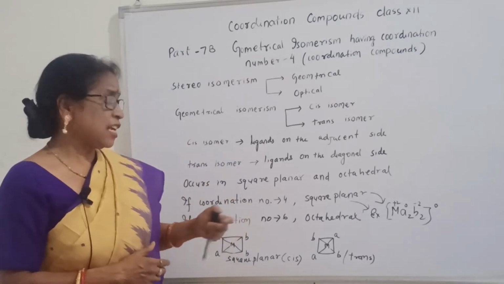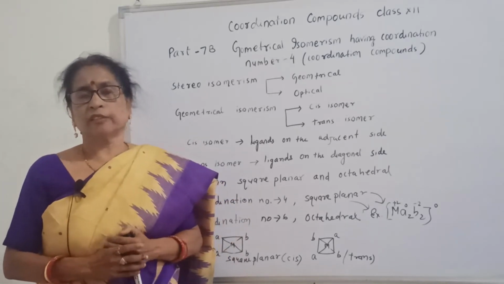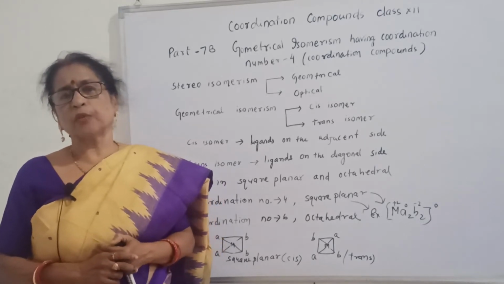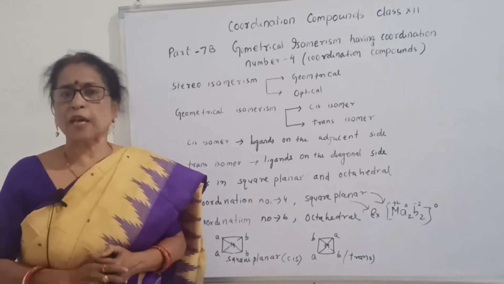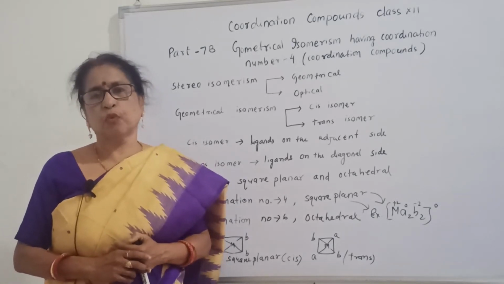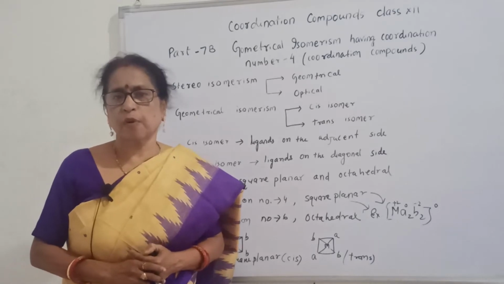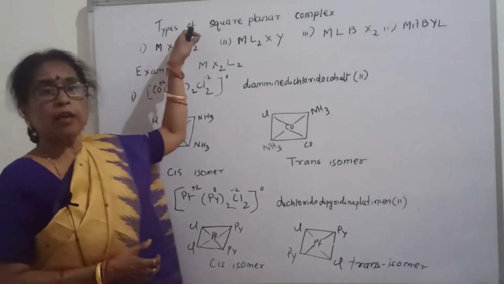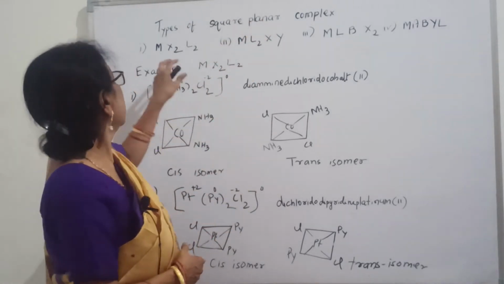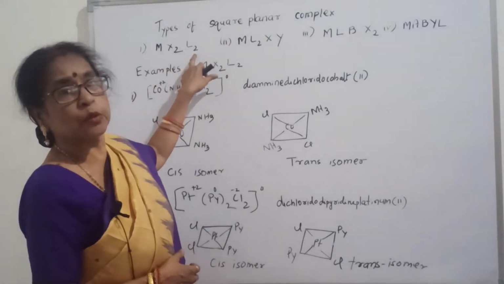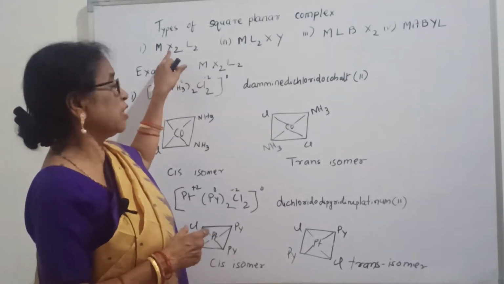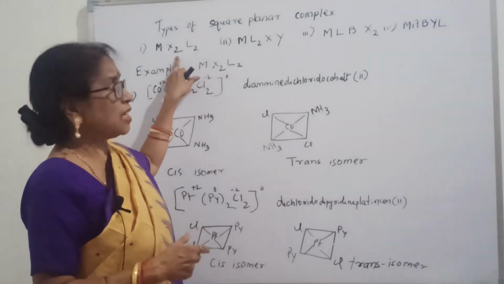Now we will see examples of complexes where the coordination number is 4, and how we can explain the square planar structure for coordination number 4 in coordination compounds. Here we will see types of square planar complexes: MX2L2, that means two types of ligands, but within each type they are the same, not similar, the same.